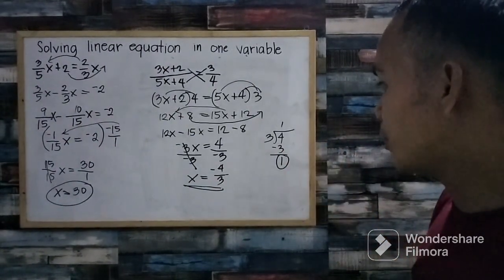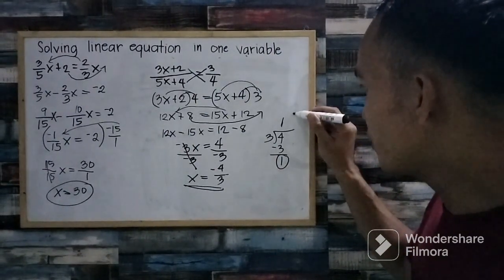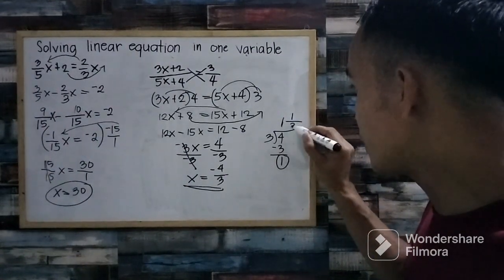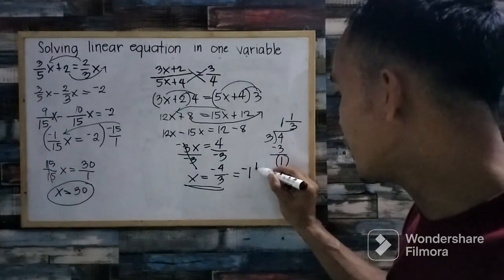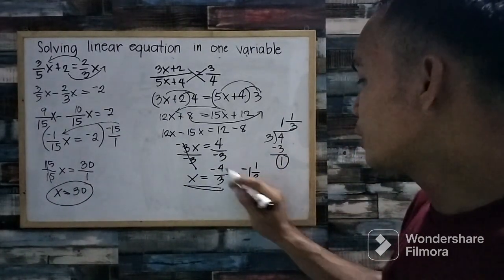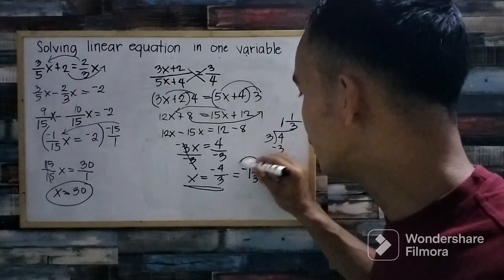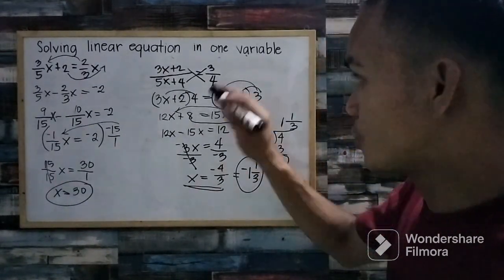Remember that we have a remainder of 1. So we have to make that remainder a numerator. So that is 1 over, copy the denominator, which is 3. So that is negative 1 and 1/3. So negative 4 over 3 is equal to negative 1 and 1/3. So that is the solution of our equation here.